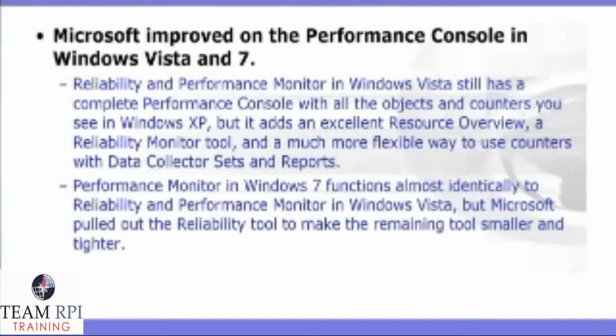Reliability and performance monitor in Windows Vista still has the complete performance console with all the objects and counters you see in Windows 7, but it adds an excellent resource overview, a reliability monitor tool, and a much more flexible way to use counters with the data collector sets and reports. The performance monitor in Windows 7 functions almost identically to the reliability and performance monitor in Windows Vista, but Microsoft pulled out the reliability tool to make the remaining tools smaller and tighter.